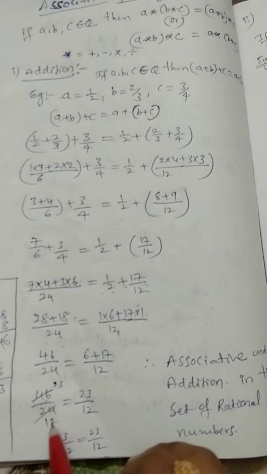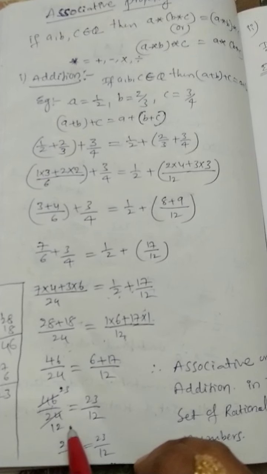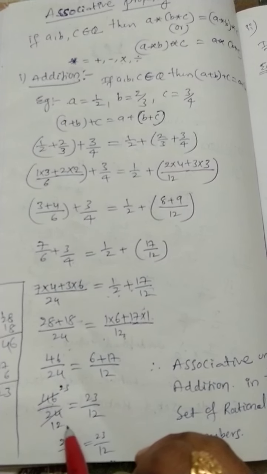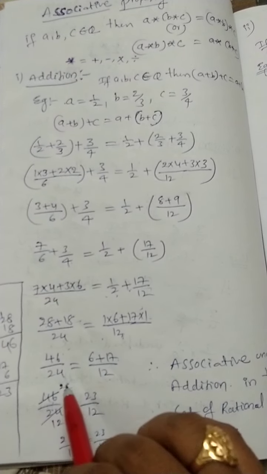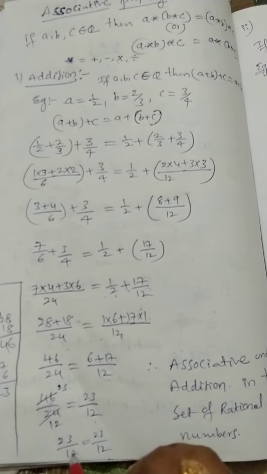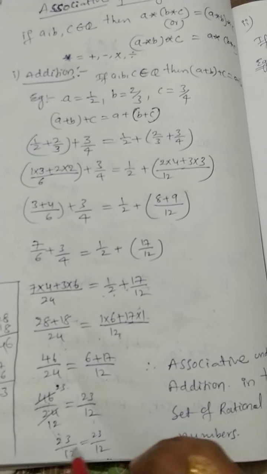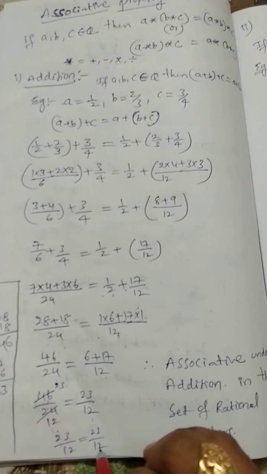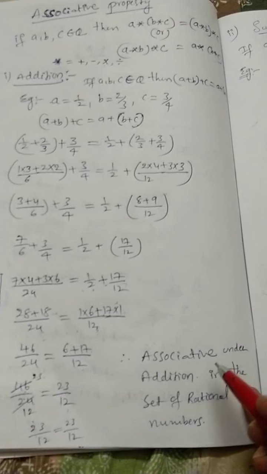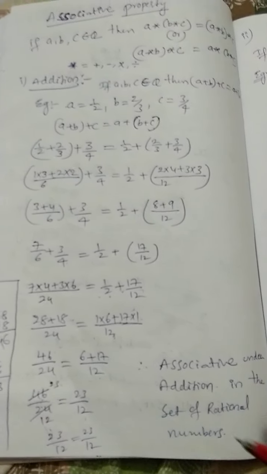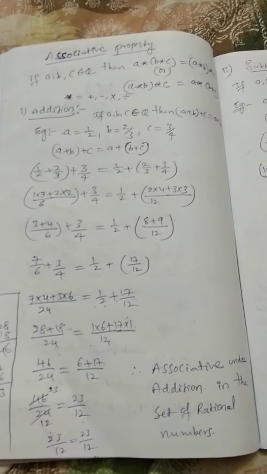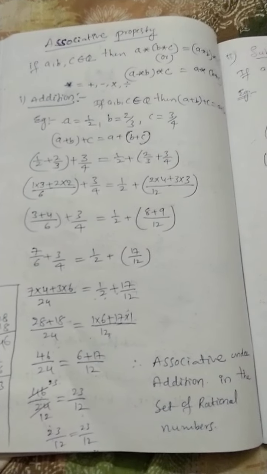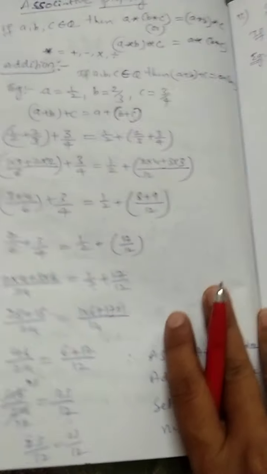Now 46 by 24, how to do the cancellation with the 2 table: 2 23s are 46, 2 12s are 24, so 23 by 12. Here LHS is 23 by 12, RHS also 23 by 12. Therefore associative under addition in the set of rational numbers. Associative property is satisfied under addition. Why? Because LHS is equal to RHS, we got it. Okay, next subtraction.